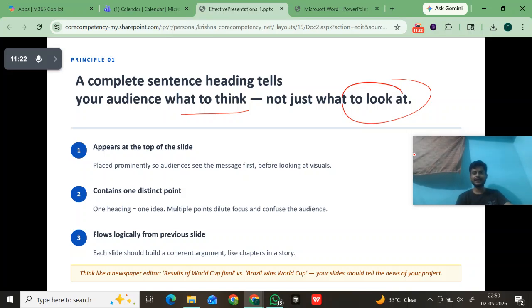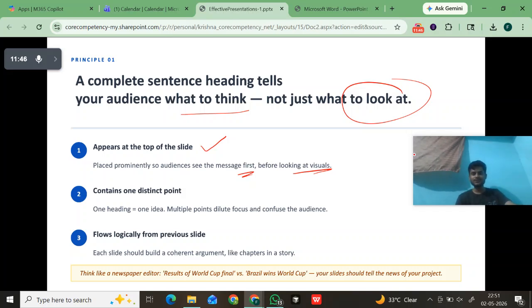It appears at the top of the slide, first in focus order. Place it prominently so the audience sees the message first before looking at visuals. Their first attention will be on the heading. So the heading has to be clear.